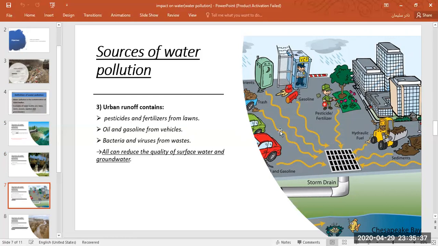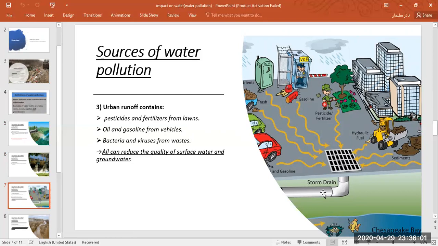So all these chemical or toxic or maybe hazardous wastes are taken within runoff, and all will go to rivers and seas and will affect the quality of the surface water. It will cause contamination of the surface water.